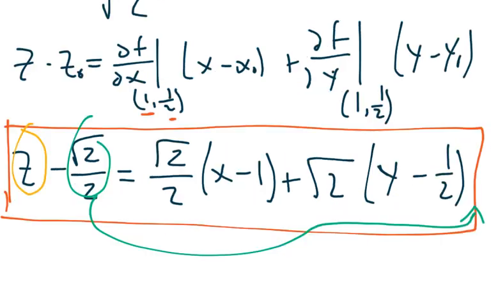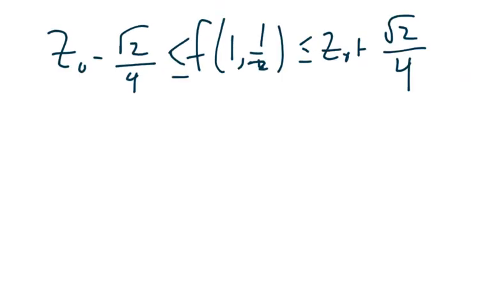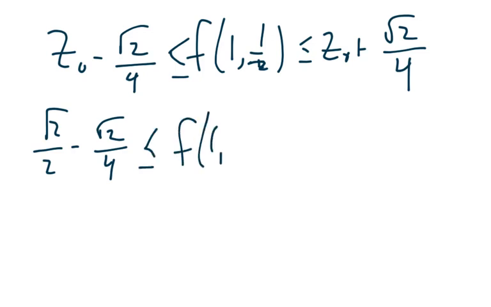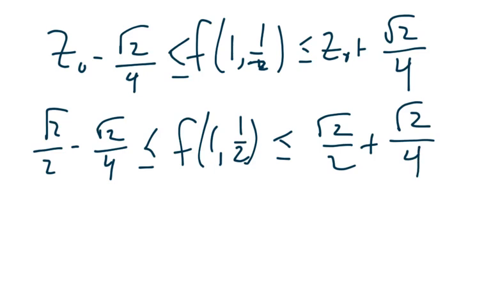What did we find z0 to be? Well, that was just square root of 2 over 2, if you remember. So we have square root of 2 over 2 minus square root of 2 over 4 is less than or equal to f of 1, 1/2, which is less than or equal to square root of 2 over 2 plus square root of 2 over 4.